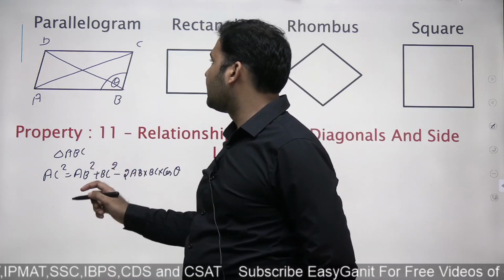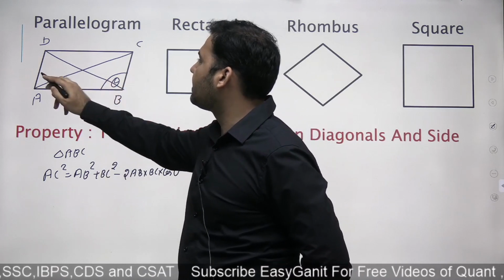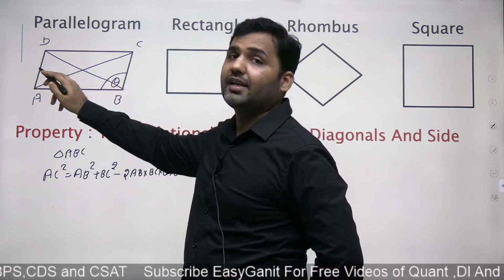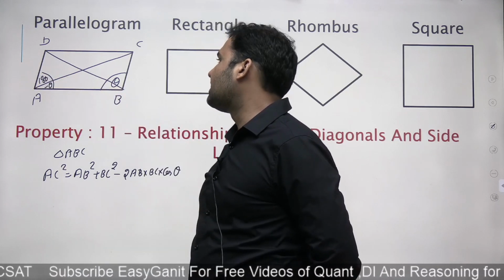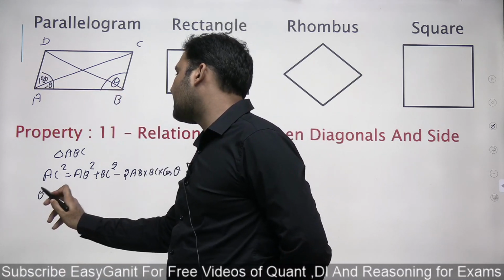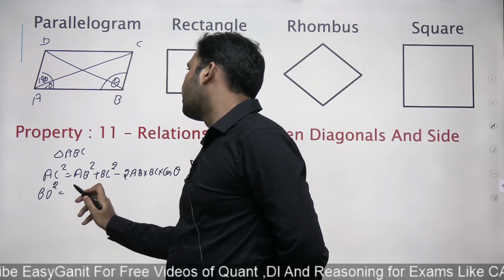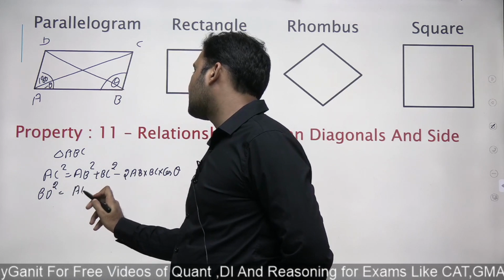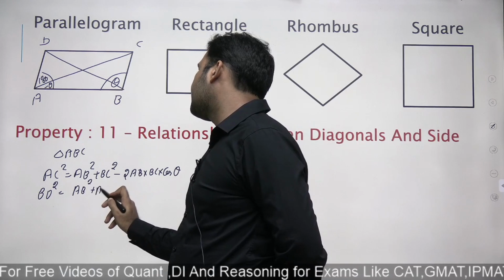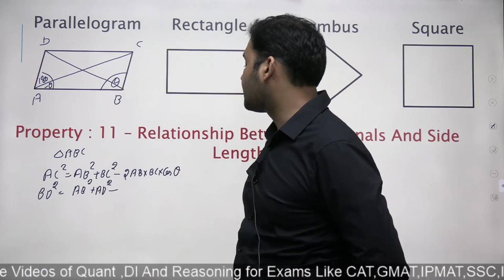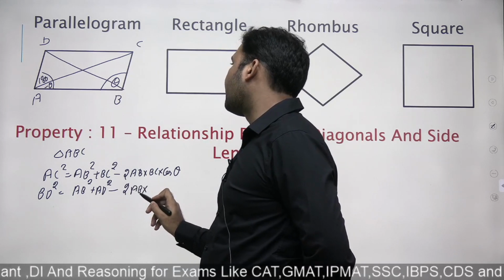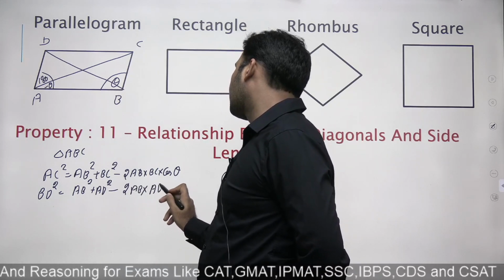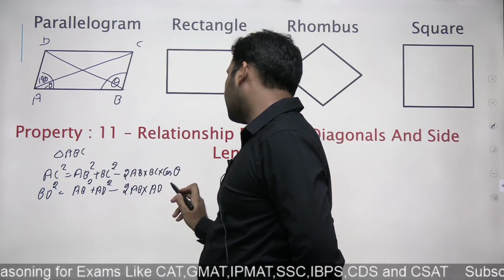And now also if this angle is theta, we know that the summation of two adjacent angles is 180 in a parallelogram, so this angle will be 180 minus theta. If this is 180 minus theta, then you see that the length of BD square will be equal to AB square plus AD square minus 2 times AB multiplied by AD cos 180 minus theta.